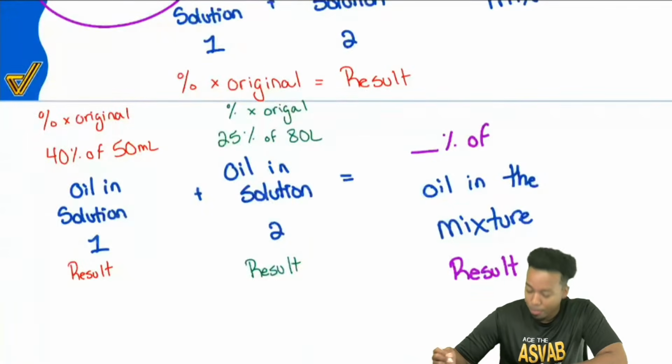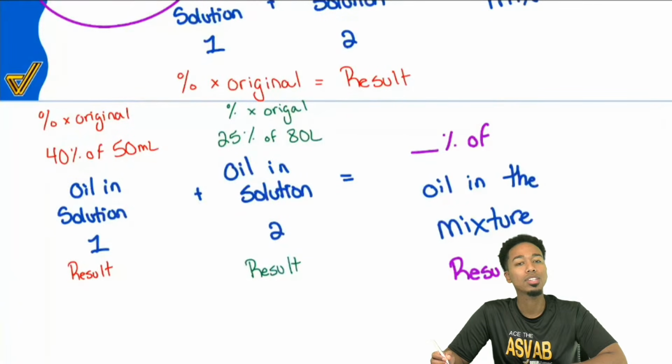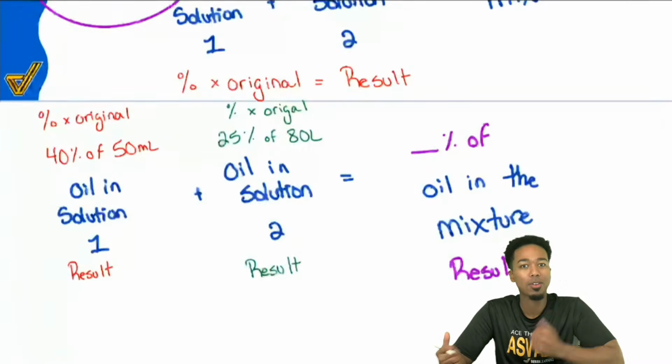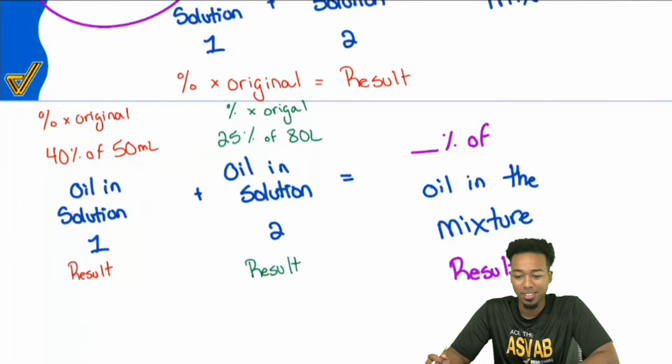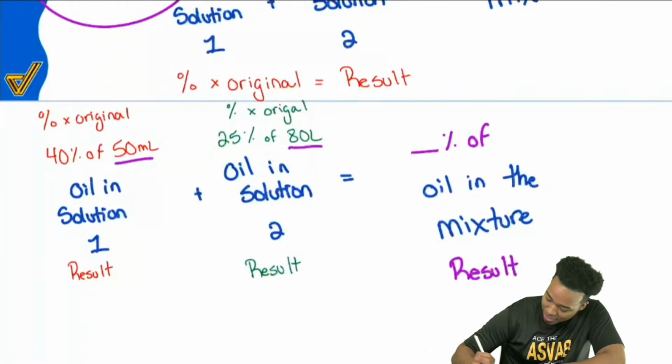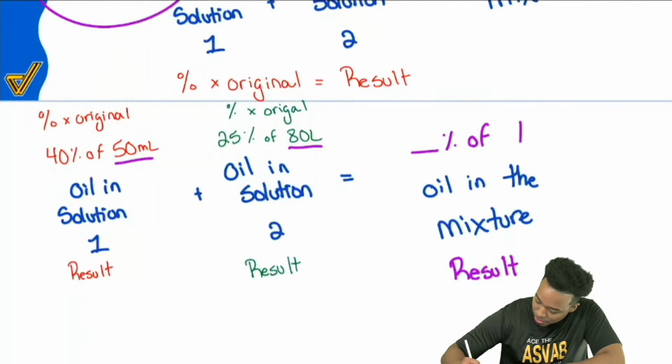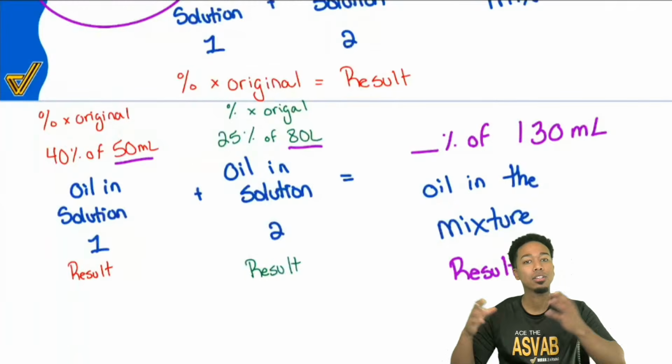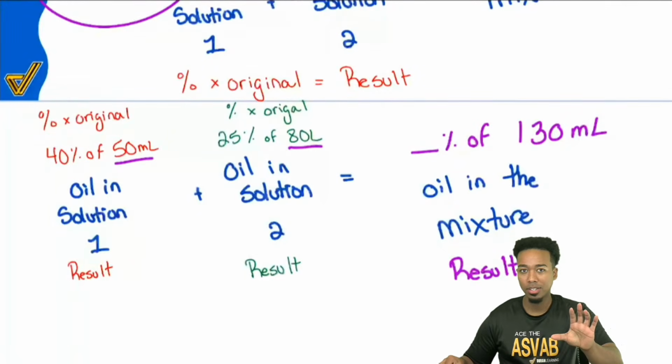But what is that percent of, everybody? What is the combination of 50 milliliters and 80 milliliters? When we put those together, what is the total amount of that mixture? Yeah, 130. The 50 and the 80 come together to give you 130 milliliters inside of that mixture. Does that make sense, everybody?